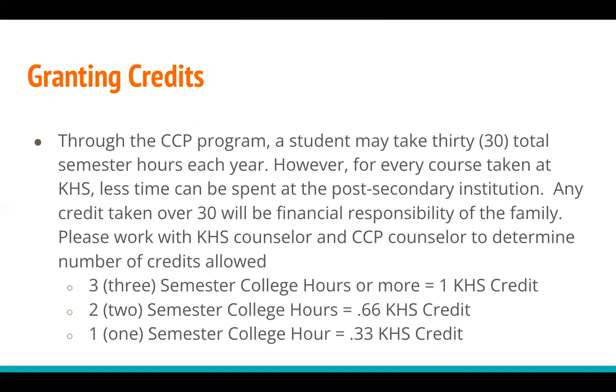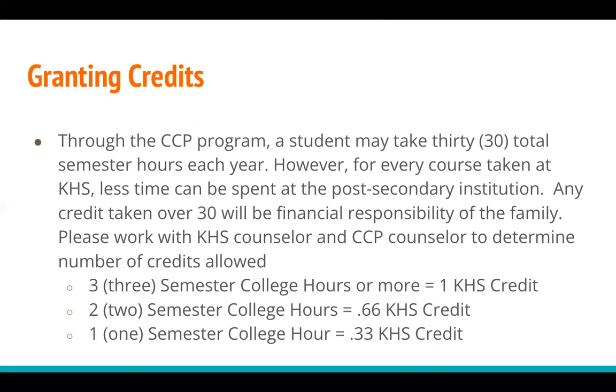Basically what we have to do is look at what the kids have scheduled and if they're taking any classes at Kirtland, and for every class, we have to subtract what the school will pay for. Students are allowed a total of 30 between the 2 different schools or 3 different schools, whatever it may be.